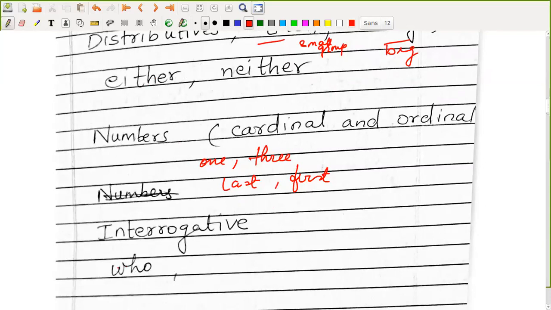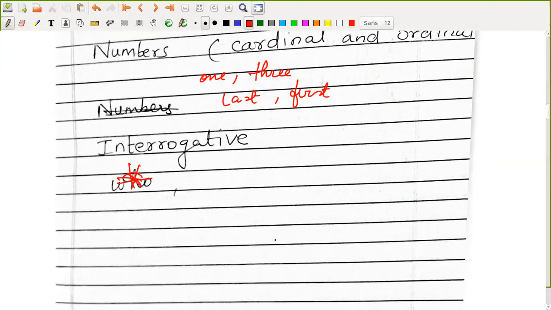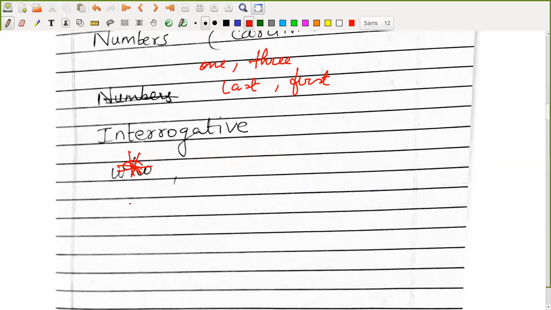So here, which is an interrogative determiner.